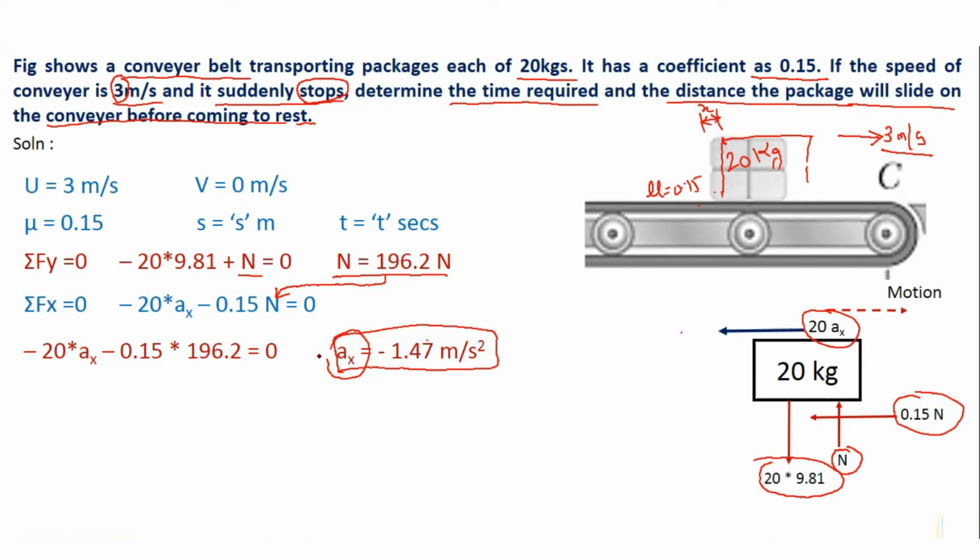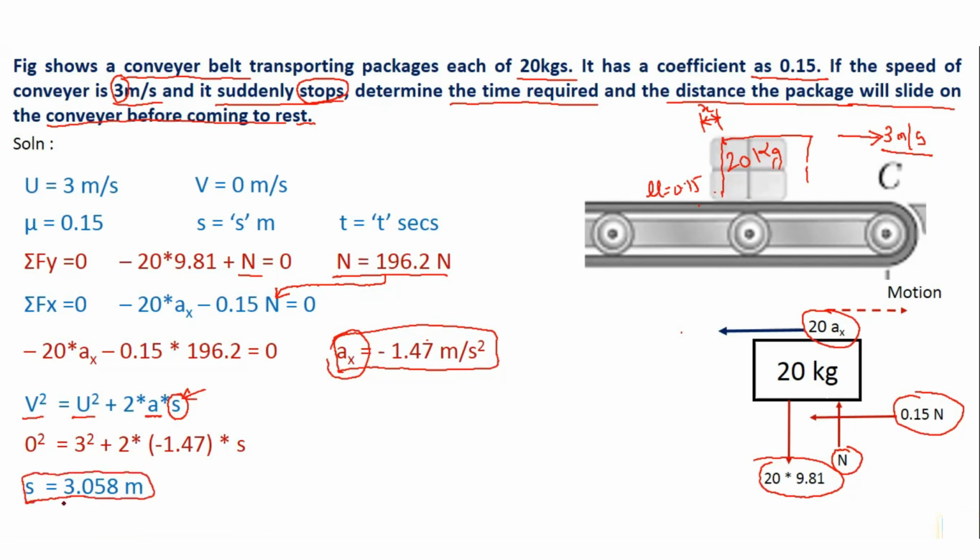Let us start with the first equation, v square is equal to u square plus 2as. v we already know as 0, u as 3 meters per second, acceleration we just found as minus 1.47, and this is the displacement we need to find. Substituting the values, the distance the package will slide before coming to rest is 3.058 meters.